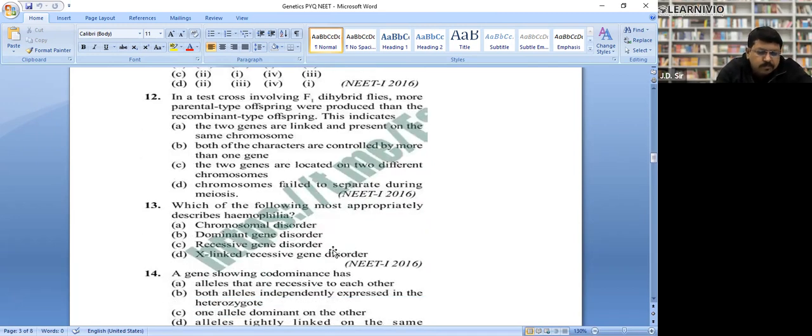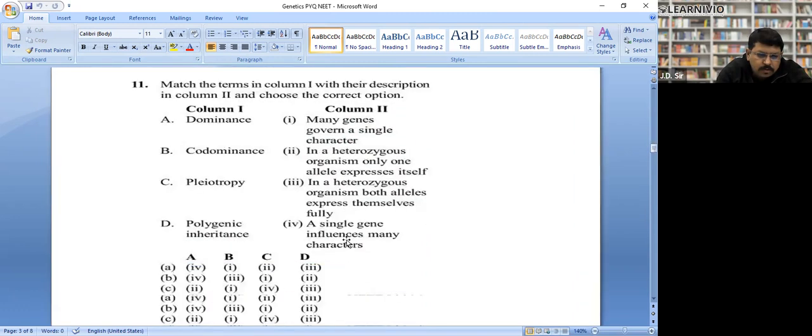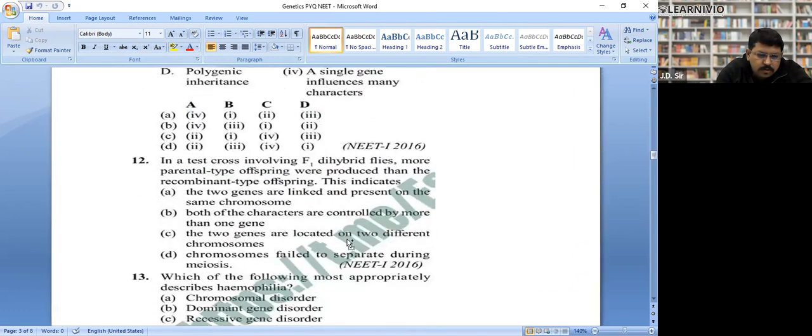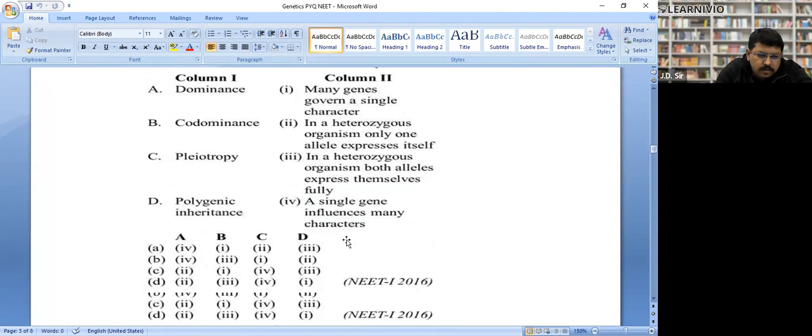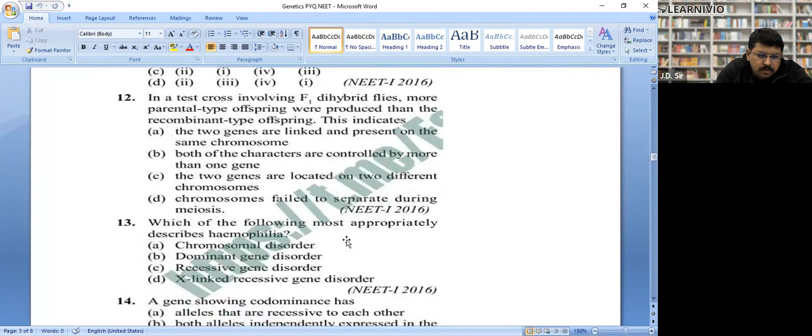The 12th one. In a test cross involving F1 hybrid flies, more parental type offspring were produced than recombinant type offspring. What does this indicate?